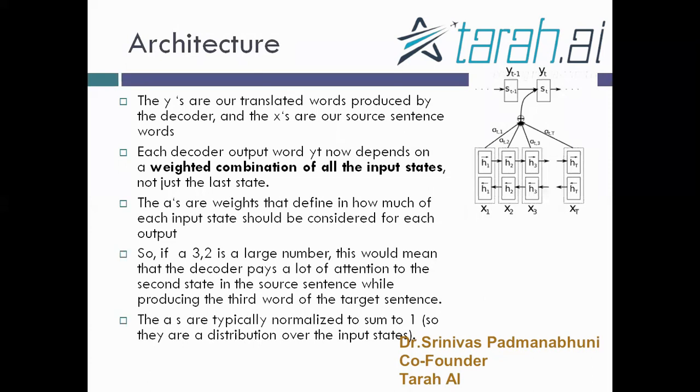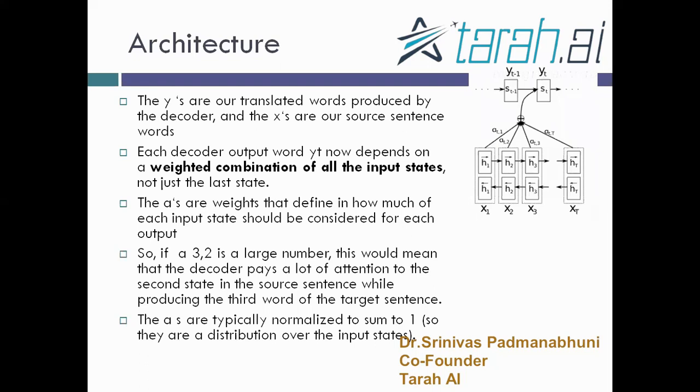So here, as you can see, there is this encoder-decoder architecture, but you need to understand that the attention mechanism is in addition to the encoder-decoder architecture, which is mapping input x1 to xT to y1 to yT.